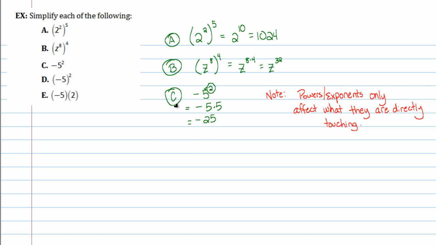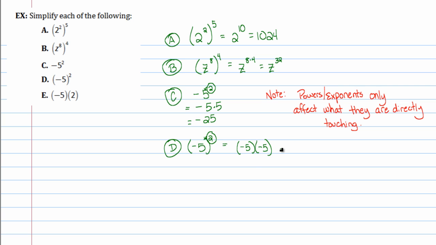There's a significant difference between C and D. D, you have this -5 squared. But this exponent here is directly touching this parenthesis. A parenthesis is like a suitcase. It's a grouping term. So in that suitcase, basically the square is affecting everything in that suitcase. It's saying whatever's in this suitcase, multiply it by itself a couple times, please.